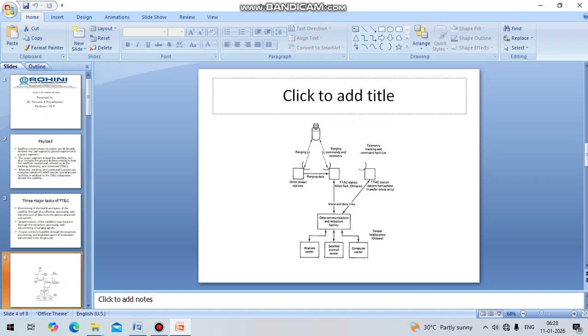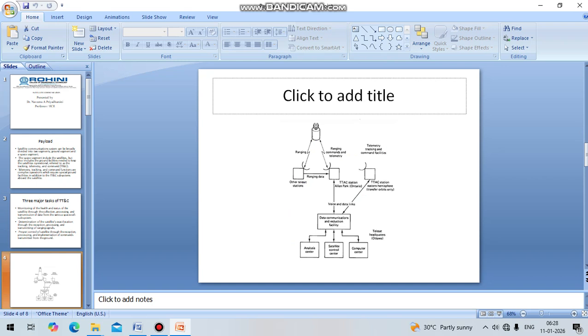Here the satellite system has control from the earth station. Here three earth stations are considered. The three earth stations are located in different locations: one in Ottawa, one in Russia, another one in America. From these different locations the signal will be transmitted, and the signal from the satellite will also be received by the earth stations.